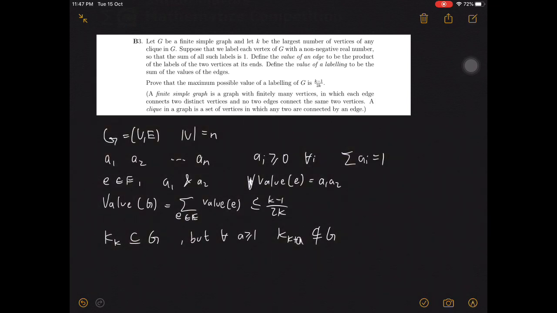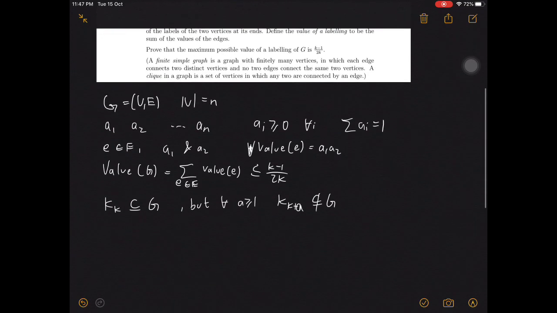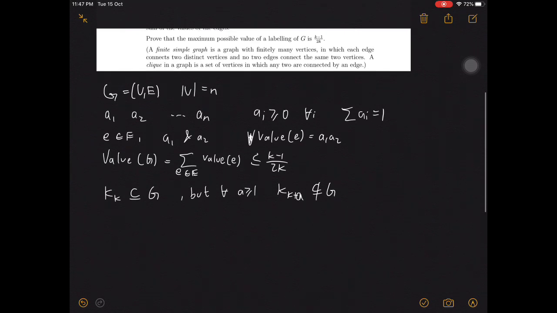Okay, from this definition of clique, we suggest to see the special case when G is equal to a complete graph.